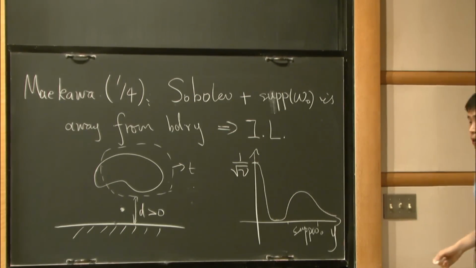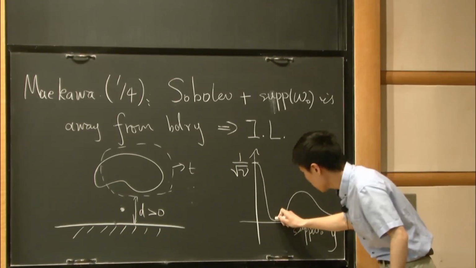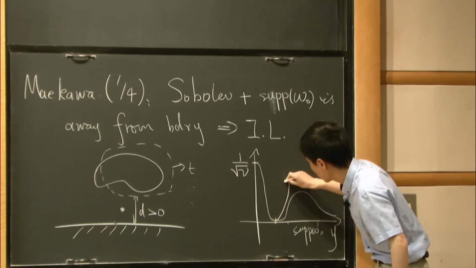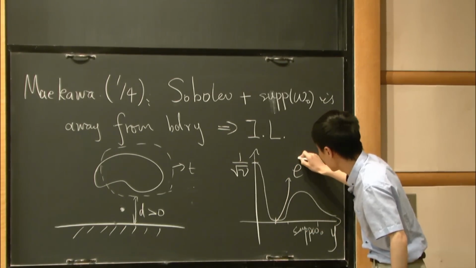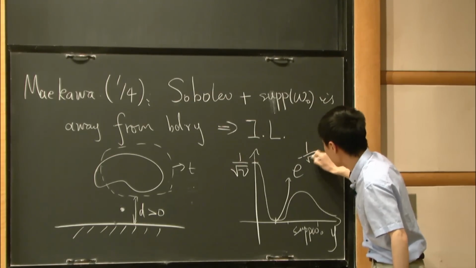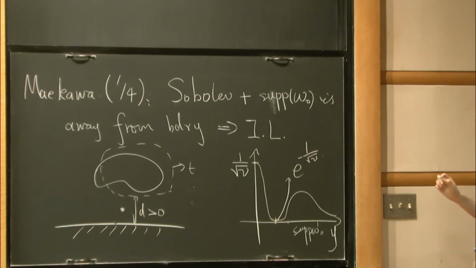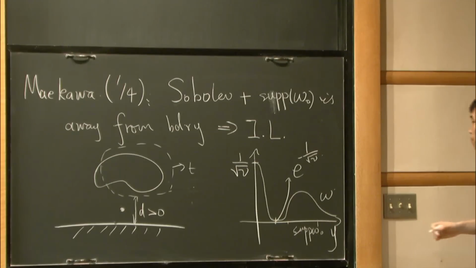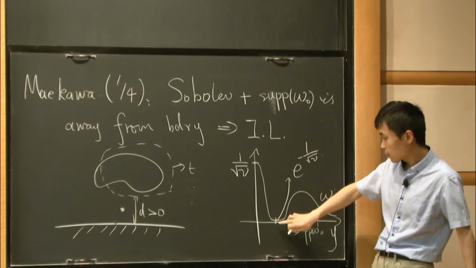The solution is something like this. And here this is very, very small, of the size of exponential of minus 1 over square root nu. It's the vorticity in the picture.